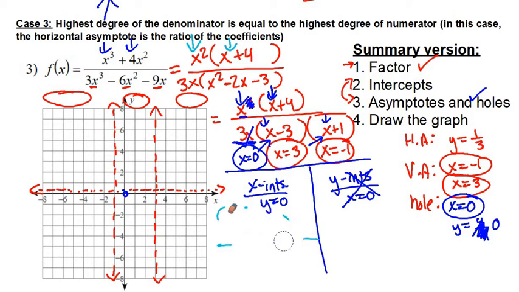We don't need to plug it in because we already know that y equals 0. So this is going to be the point y equals 0, x equals negative 4, and that will put us on the graph at negative 4, 0. That's going to be right here. All right, so now we've taken care of these.